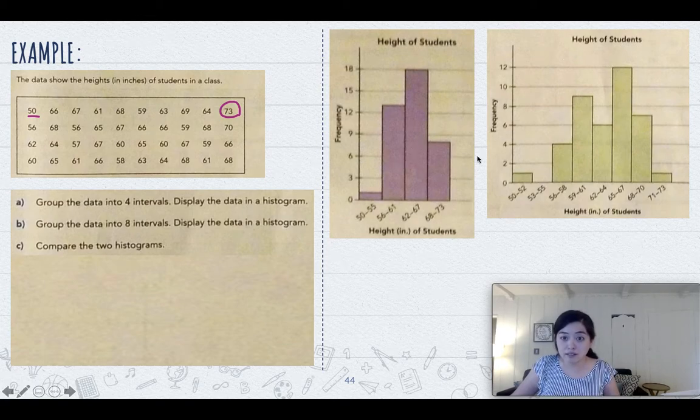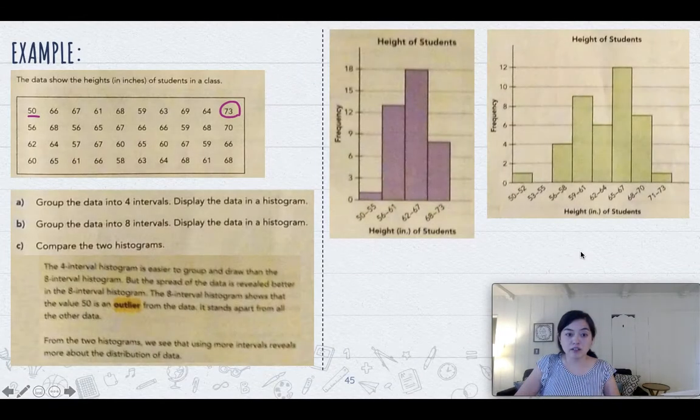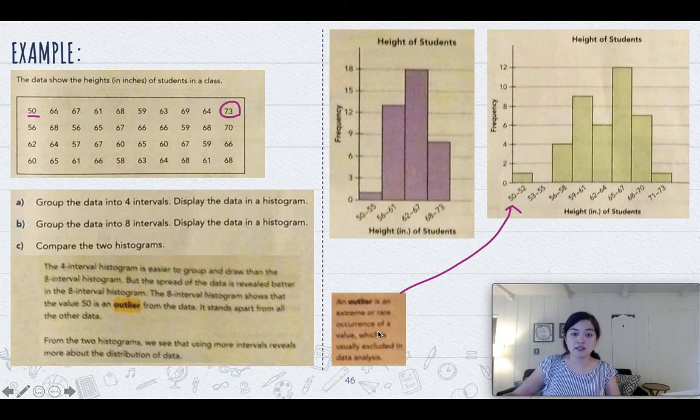But this histogram, which has more intervals, clearly shows us this piece of data is an outlier, okay? So there's that information from the book. You can just pause the video and read it if you want, and that's an explanation of the outlier, okay?